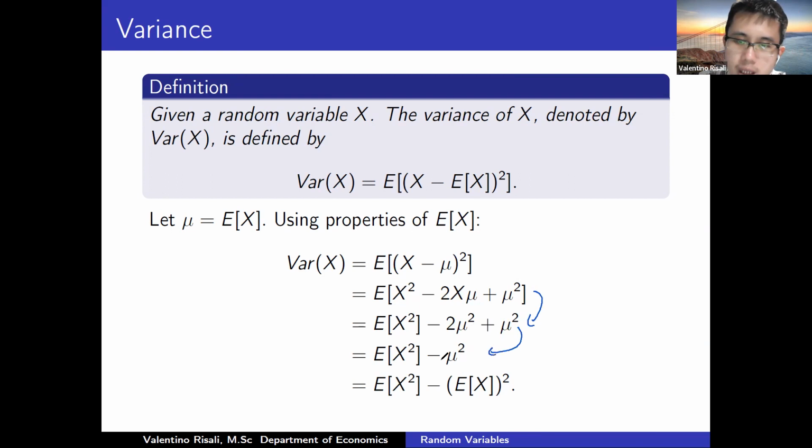Simplify it, we get negative mu squared. After that, convert mu to EX, we get the variance of X is equal to the second moment minus the expectation squared, like that. Yeah. So we have another expression for variance.